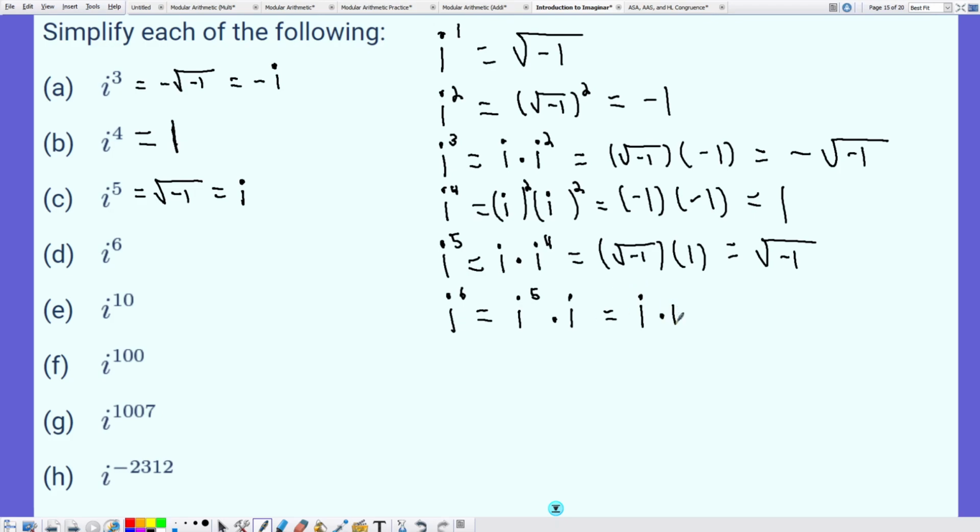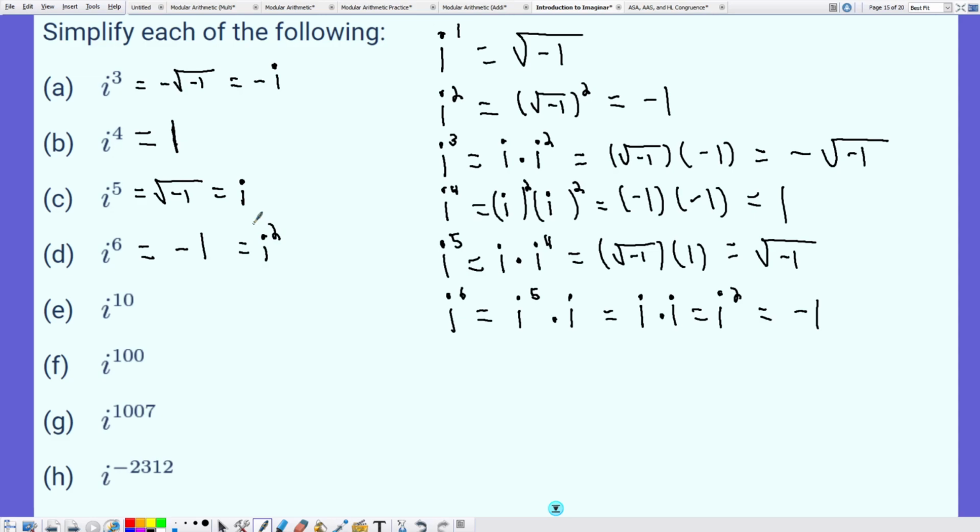So we have i times i again, which is i squared, which we know is negative 1. So this is negative 1, also the same thing as i squared. Maybe we should note that.